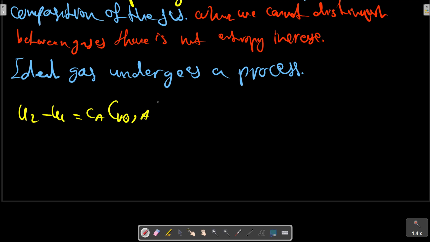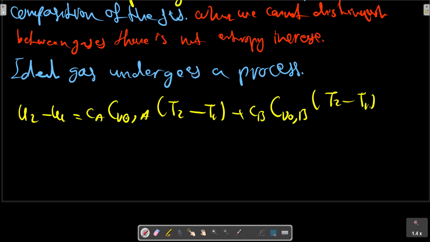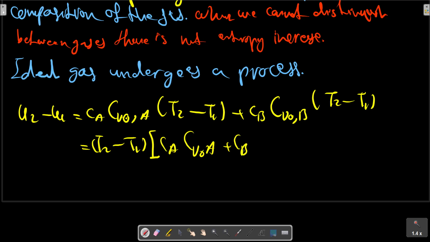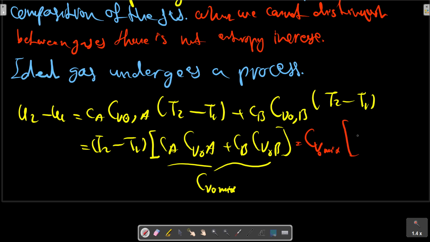And for each component, for component A and component B, the constant specific heat at constant volume, CV0 for the mixture, is the sum of the component contributions, CA CV0A plus CB CV0B.